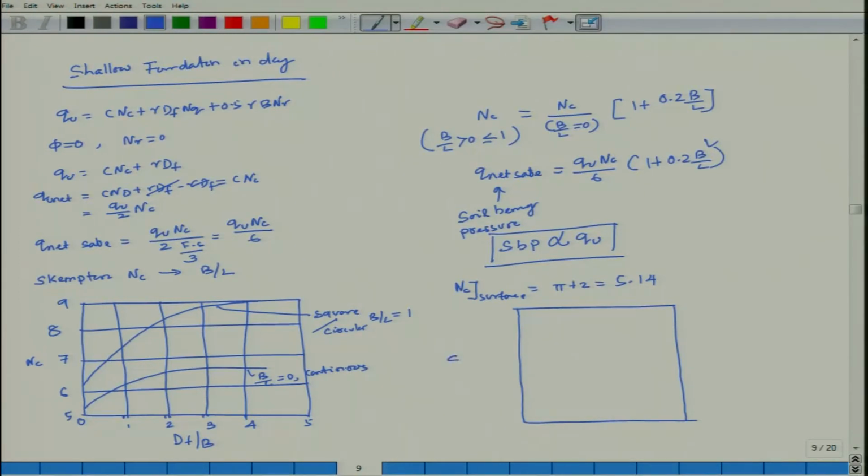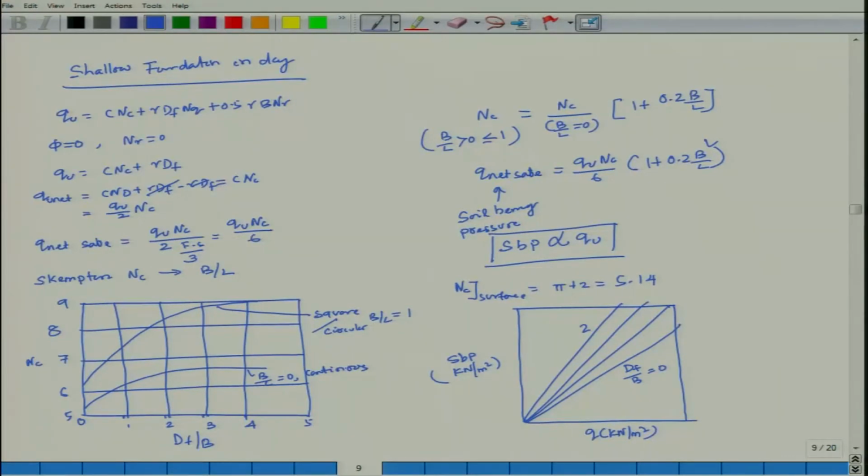This is your SBP, kilonewton per meter square, and this is your QU, kilonewton per meter square, and this will be varying, that means it is starting from DF by B is equal to 0 to 2. So, shallow foundation in clay.